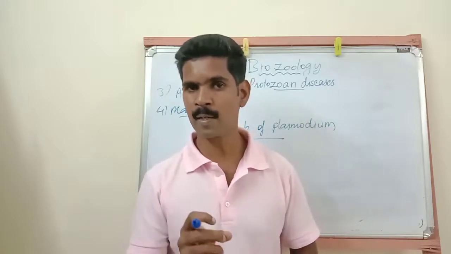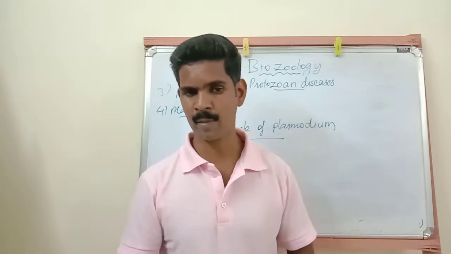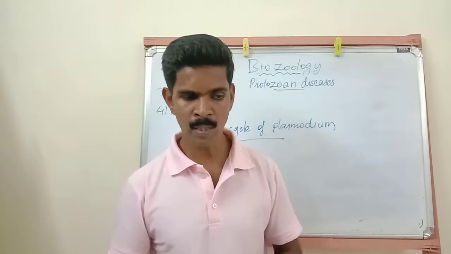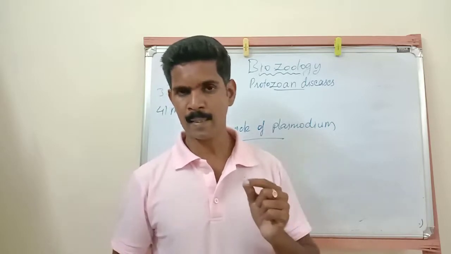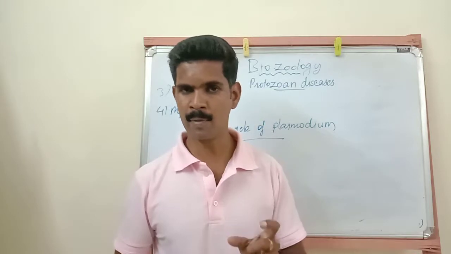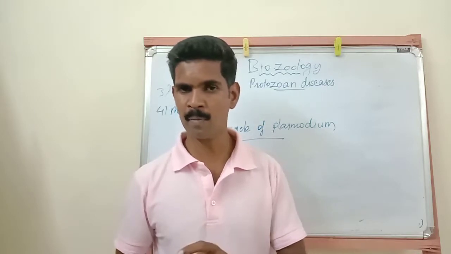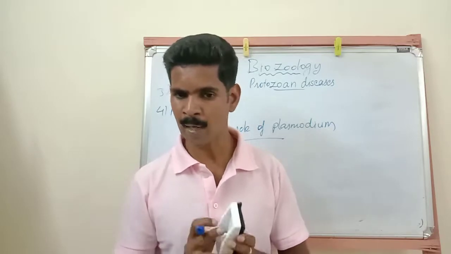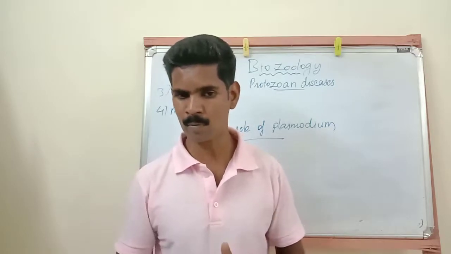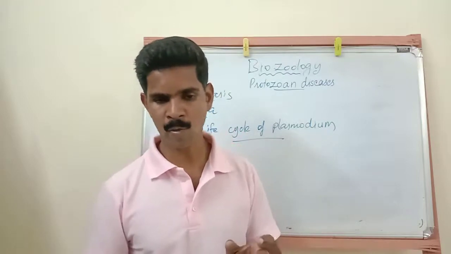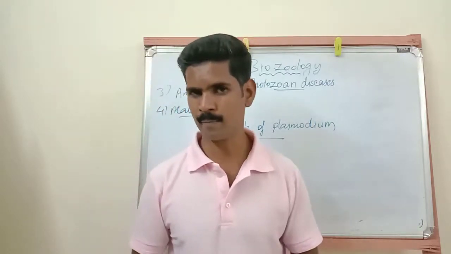The name of this zygote is ookinete. So I hope you understood. Both gametes are fusing together and forming a diploid zygote. This diploid zygote is called ookinete.